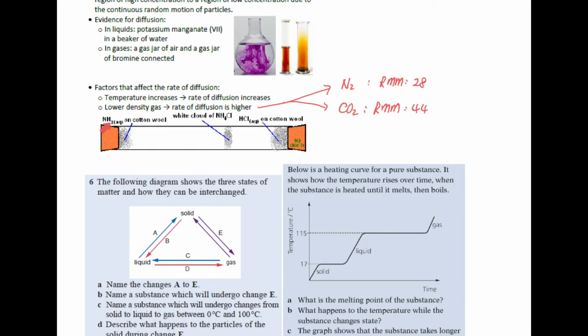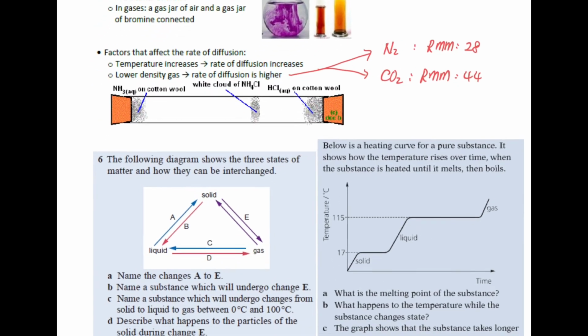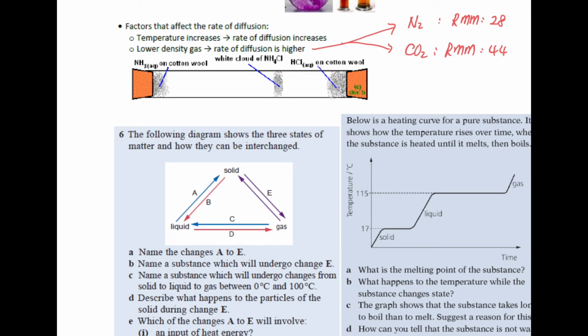Okay, now let's see the pictures here. What we can see is we have NH3 on a cotton wool over here, HCl on the cotton wool on the right. Let's see the relative molecular mass of ammonia first.